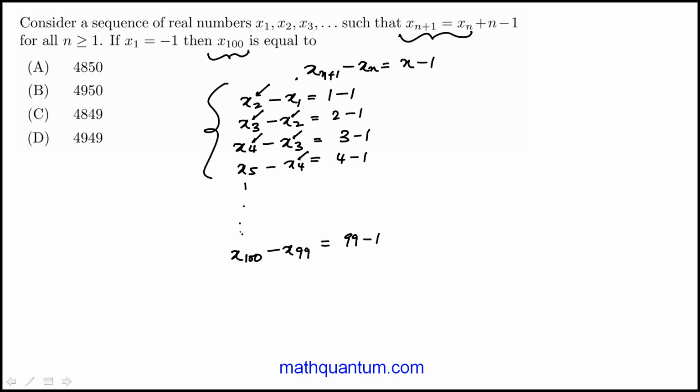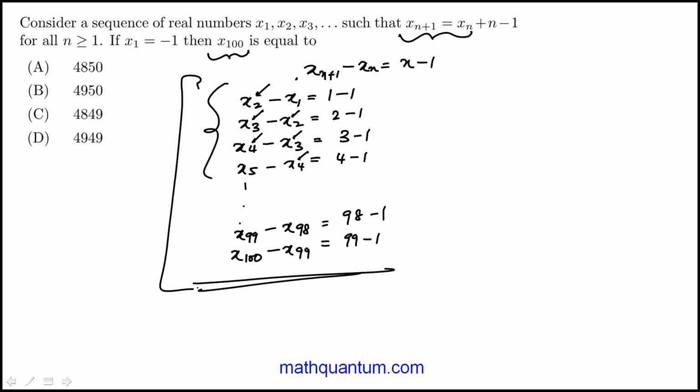And the previous term, n is 98, would be that. So when you add them, this is kind of this telescoping format, which is a common type of setup for these questions.